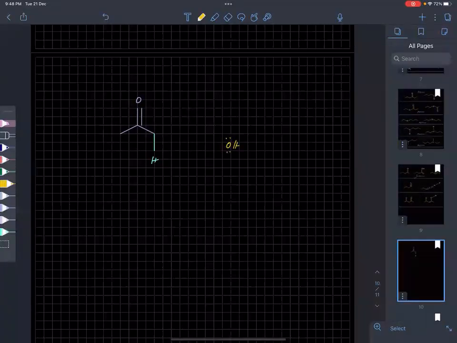These OH minus ions will come and offer electrons to this hydrogen. See, OH minus is a base. I'll come to that later when I discuss acids and bases. A base is basically a proton acceptor. An acid is basically a proton donor. Now it is accepting a proton by offering a lone pair.